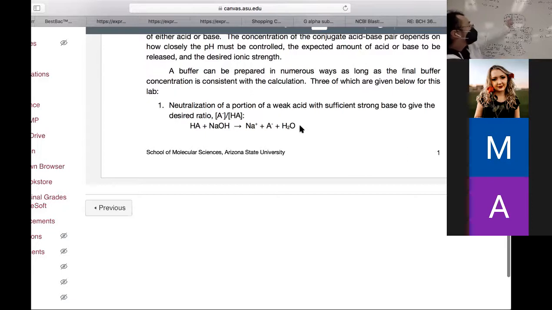Number one, the assigned pH is 7.3, which means we want you to make a phosphate buffer with a pH value of 7.3.